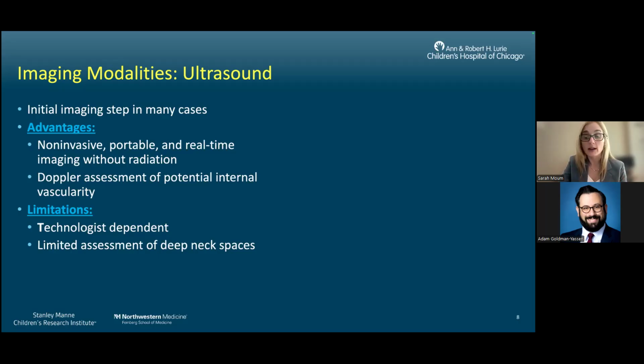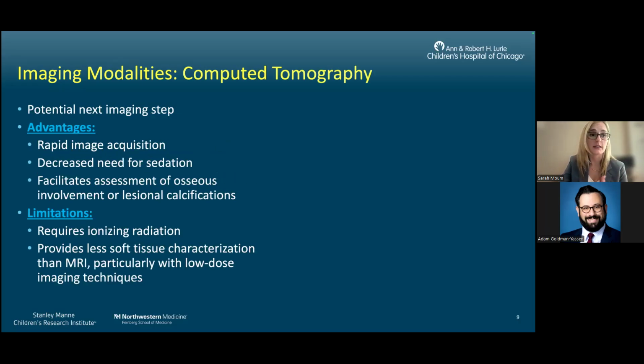Doppler is also going to be incredibly helpful to assess for internal vascularity. Some limitations, as we're all familiar with from our training, are that these can be tech dependent, and there's often a limited assessment of the deep neck spaces, which leads us to CT.